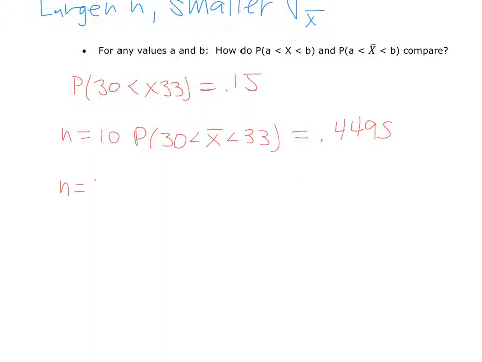And when we increase that sample size to 25, the probability that x bar is between 30 and 33 is even larger, 0.4952. So the probability is getting larger as we go from the random variable, a probability about an individual value, to the probability about the sample mean. And then the probability increases as the sample size increases.